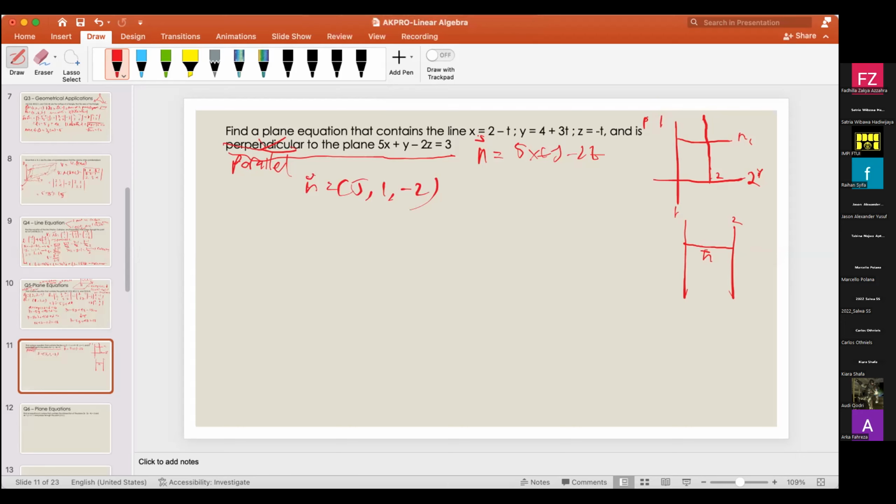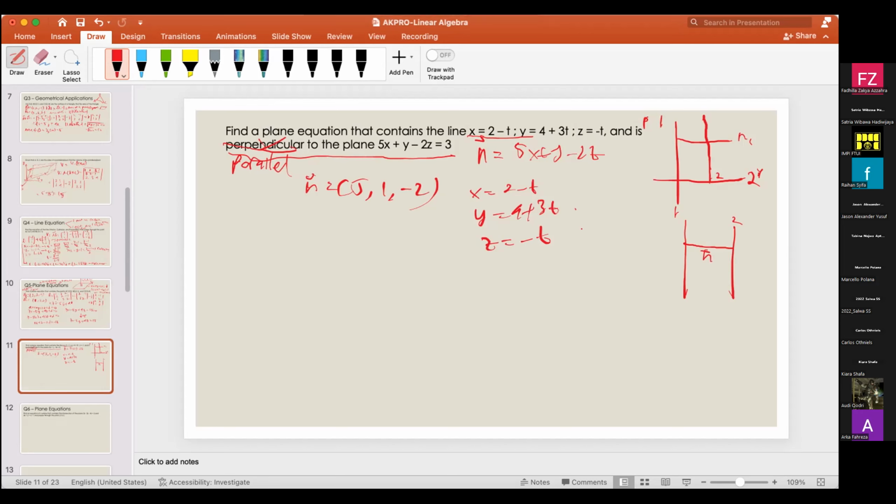And so we have, it contains this line, x equals 2 minus t, y equals 4 plus 3t, z. And so all we have to do now is find a point that we can use.